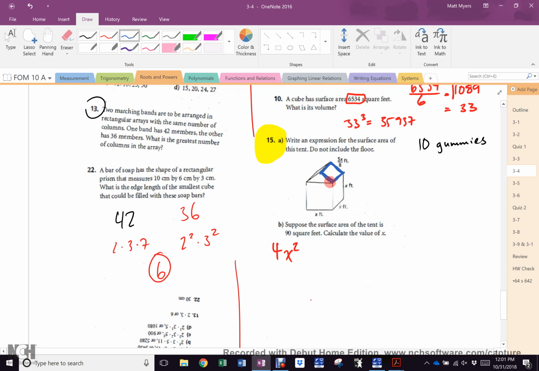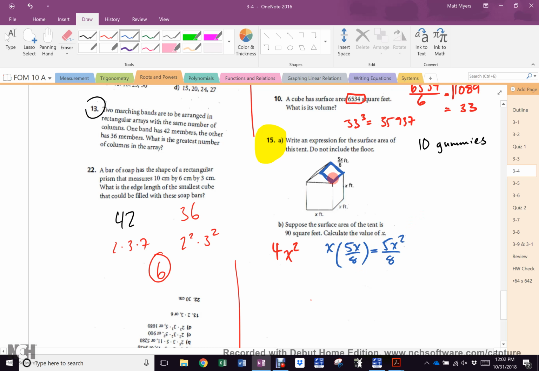Length times width, which is x times 5x over 8, correct? Okay. So what's x times 5x? No. This is the exponents page. You just did 2 pages of this work. 5x squared over 8, correct?